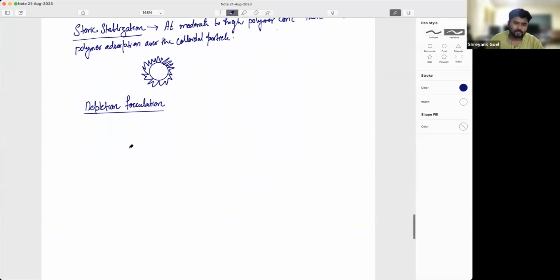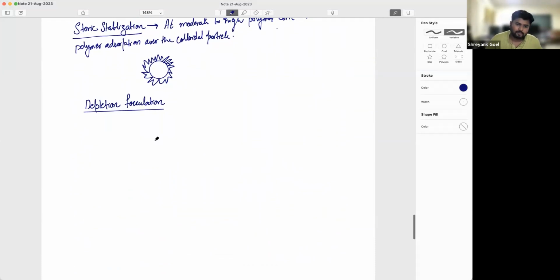So depletion population: what happens is that when you have colloidal particles that are very close to each other, and there are polymers present in the media.